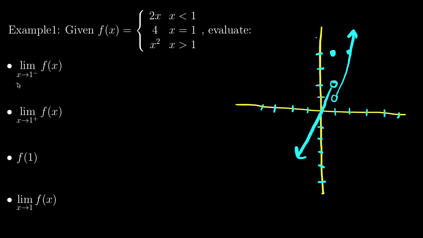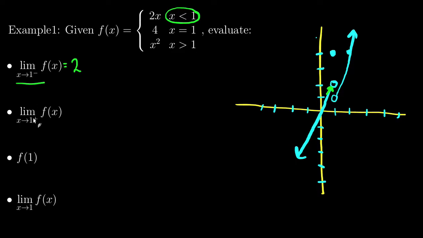So the left-hand limit, first of all, I'm approaching 1 from the left side, and as I approach that from the left side, I'm going to be on the first rule, because this is where we are left of 1. And I can see that I'm approaching the value of 2, so the left-hand limit is equal to 2.